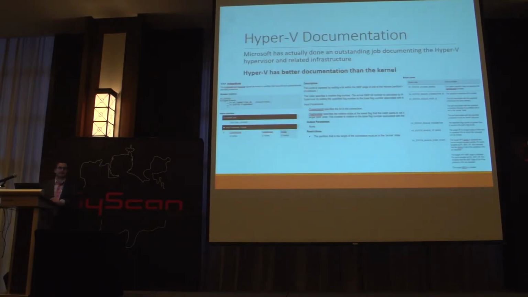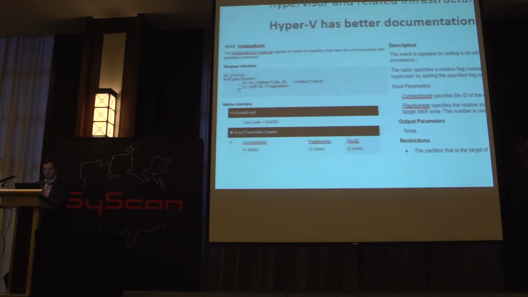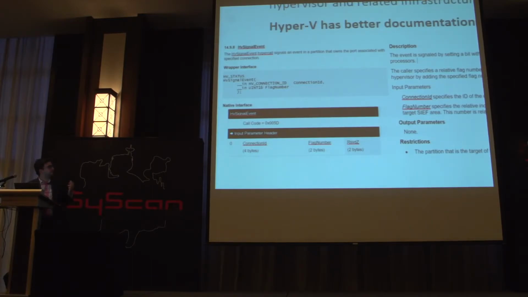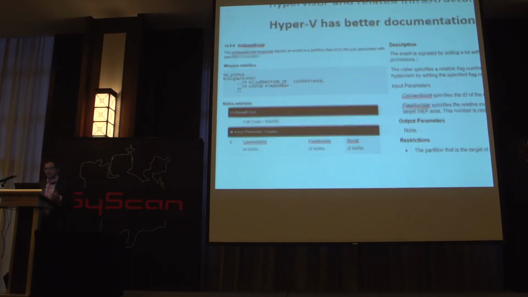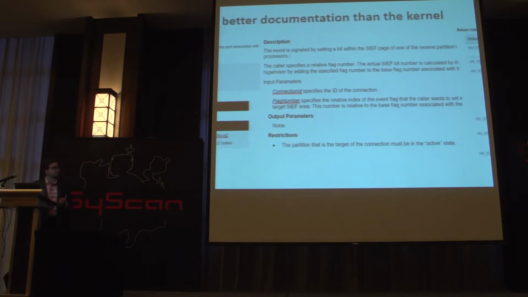It turns out Hyper-V actually has excellent documentation from Microsoft. In fact, Hyper-V has better documentation than even the kernel. If you download something I'm going to show you, you get this beautiful doc that gives you every hypercall, and it tells you every parameter and the size. It tells you exactly what the function does in detail.